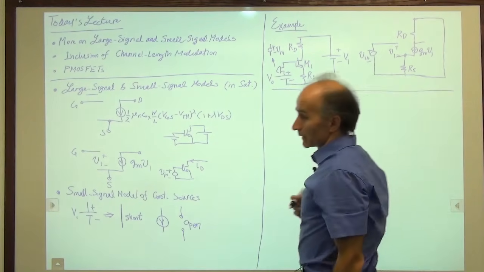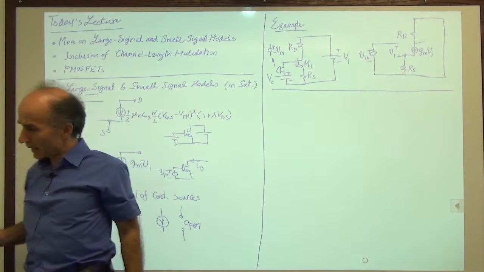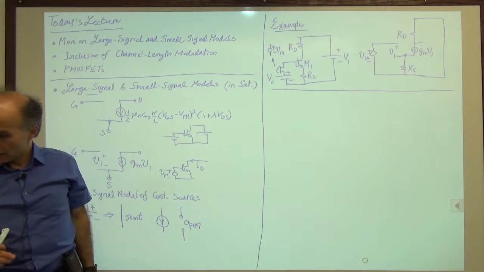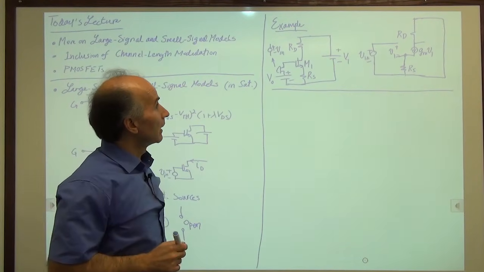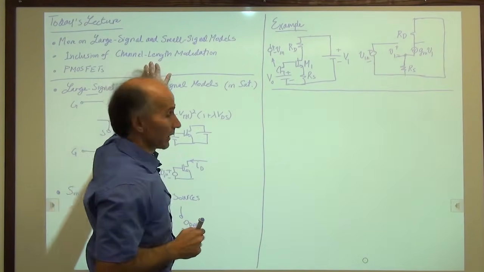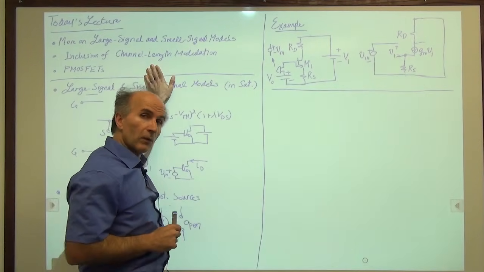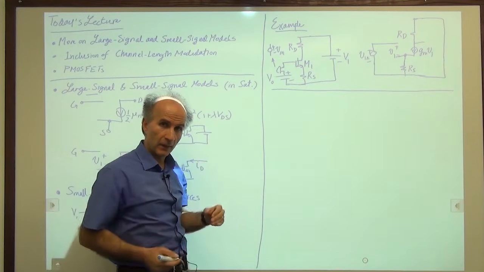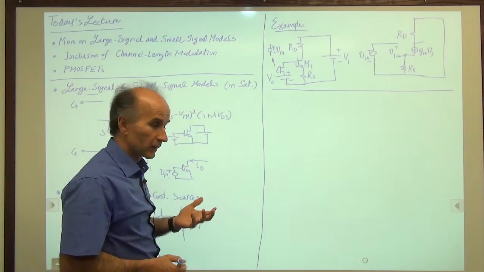All right. Let's go ahead now and look at the effect of channel length modulation. Now we know that when we change the drain-source voltage of a MOS device, its current changes.